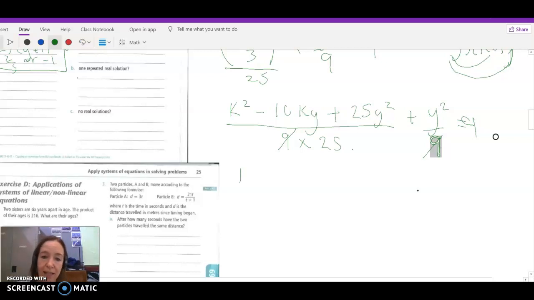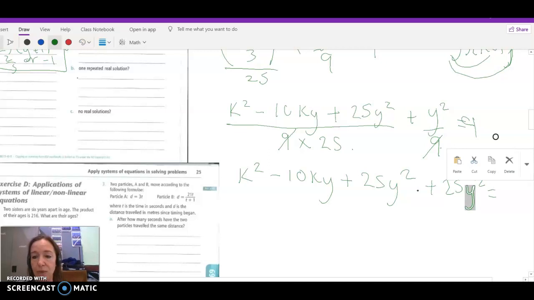So I'm going to end up with k squared minus 10ky plus 25y squared plus 25y squared. This one here is now 25y squared as well, equals, and 9 times 25 is 225.